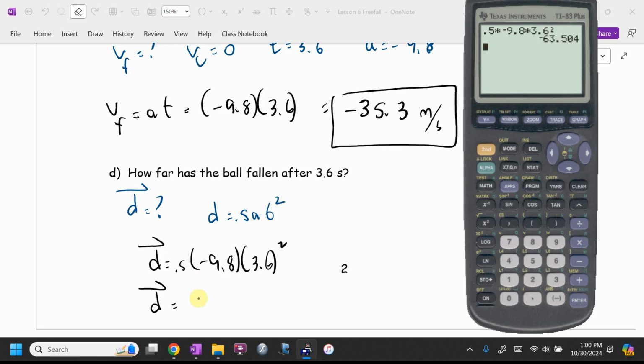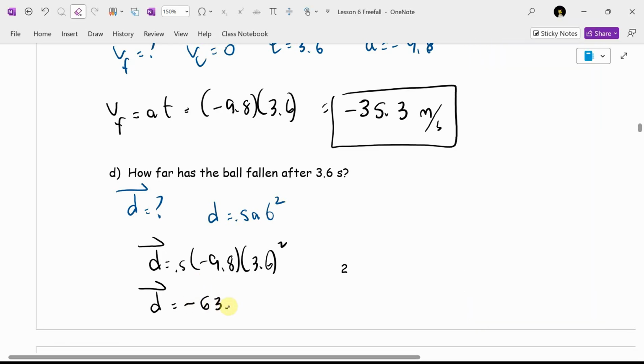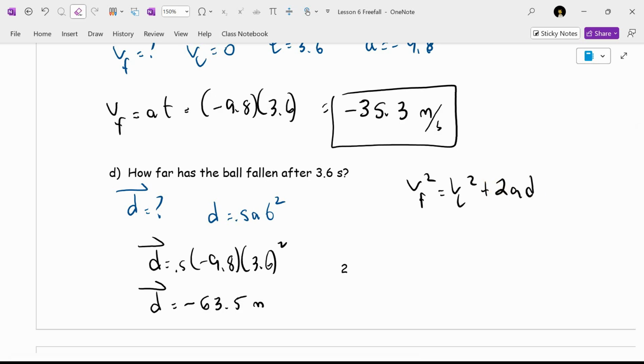I agree. Gila, let's suppose this was a test question and you finish early. Here's what else would have worked. I could have used my VF value from here. I could have gone to get the D by itself.